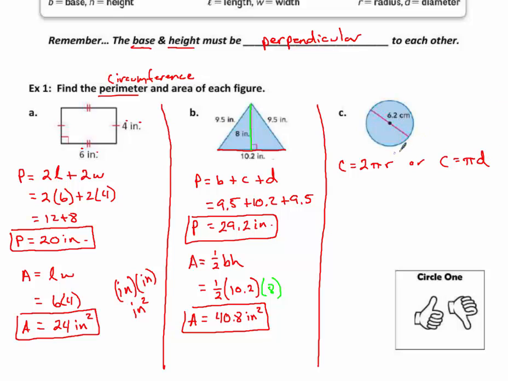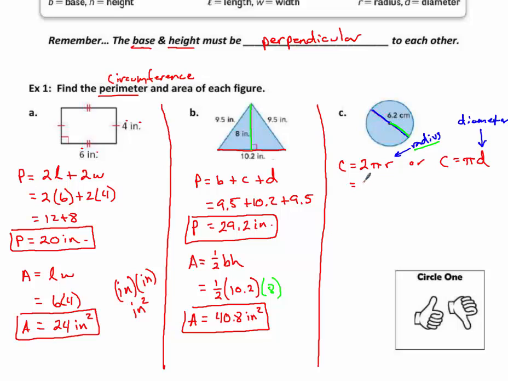Well, a little reminder, r stands for radius, d stands for diameter, right? The diameter is the distance all the way across a circle, which is what we see here. The radius is half of that distance, which is just here. So that's the radius.